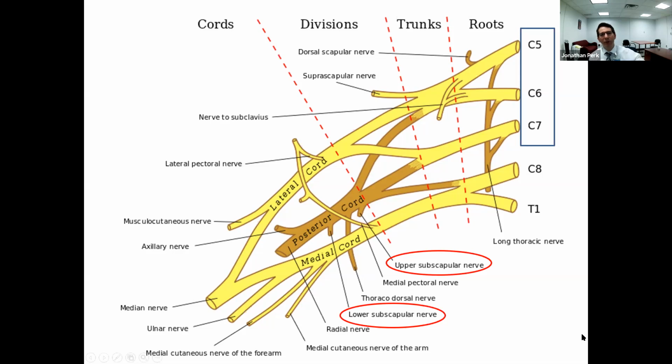And we'll start with the, actually, the last letter of the ARTS, which is the subscapular, okay? Remember, we had so far several nerves with the word scapular in them, okay? So we had the dorsal scapular, the suprascapular, and now we have a subscapular, sub underneath.